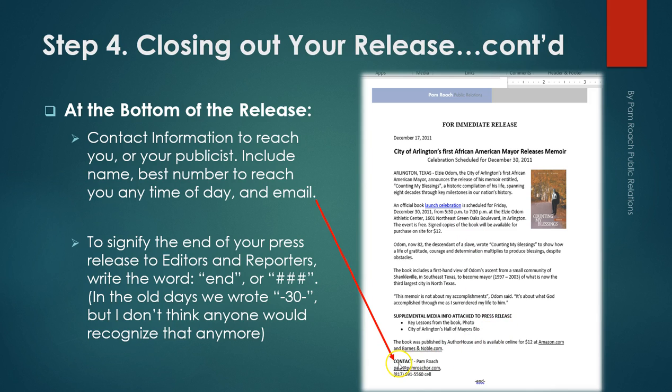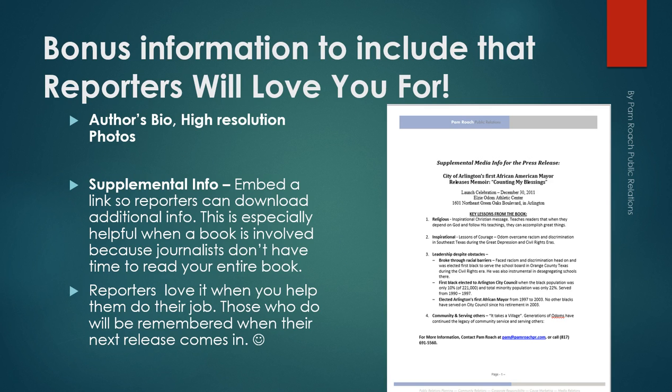Make sure the contact information is at the bottom of the release so reporters can find it easily. And then at the end of your release, you want to write the word END so they know there's no additional pages.